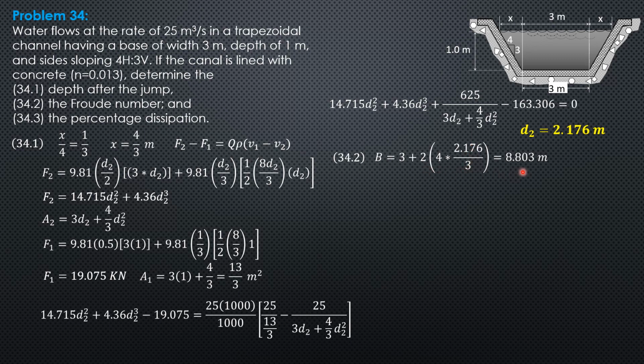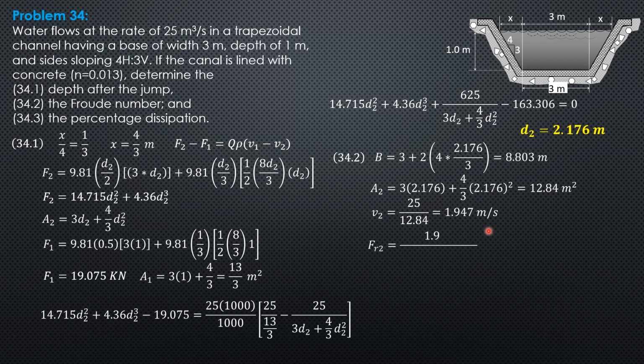So the top width is 8.803 after the jump. Then area 2, this is area 2, 3d sub 2 plus 4/3 of d sub 2 squared, where d sub 2 is 2.176, so 12.84 square meters. Substitute. By the way, V2 is discharge over area 2, so 1.947 meters per second.